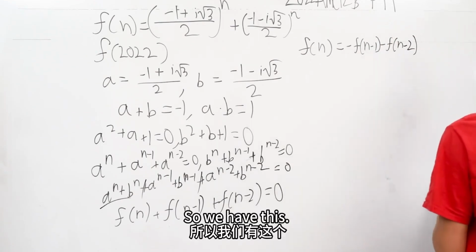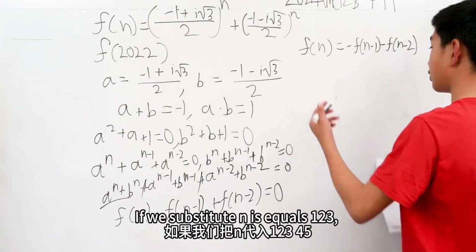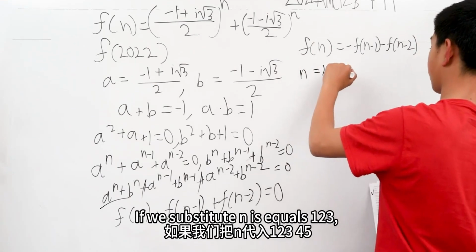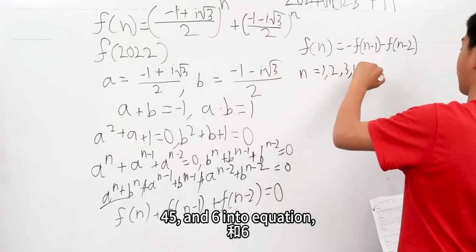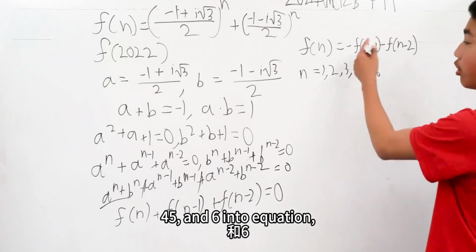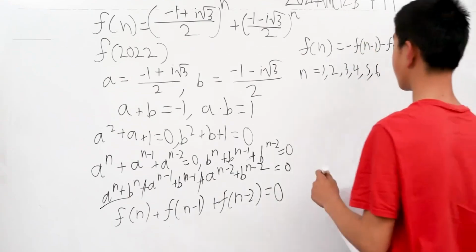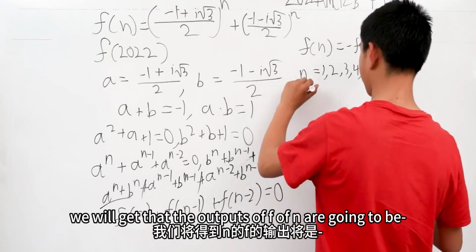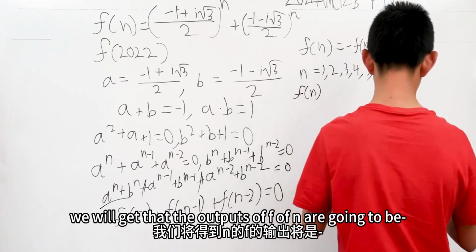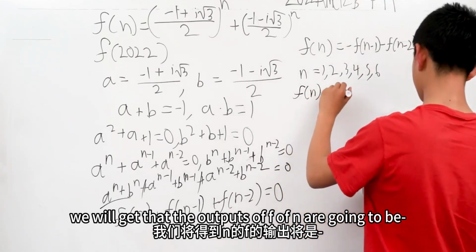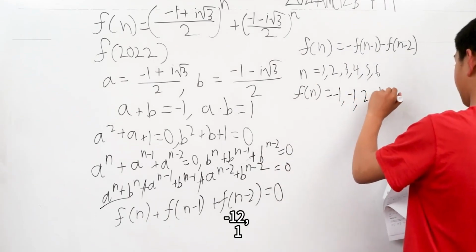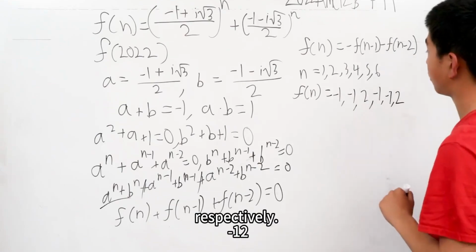Okay, so we have this. If we substitute n equals 1, 2, 3, 4, 5, and 6 into this equation, we will get that the outputs of f of n are negative 1, negative 1, 2, negative 1, negative 1, 2, respectively.